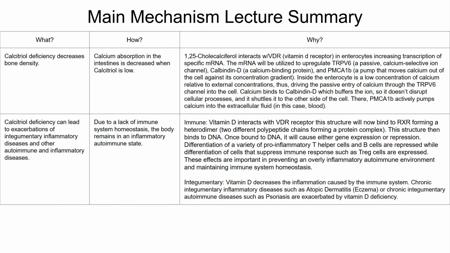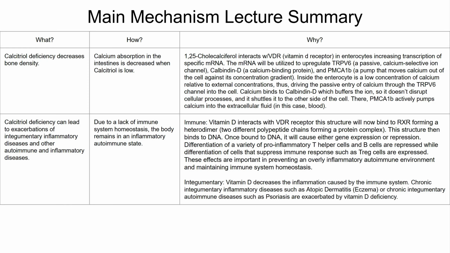The main takeaways as far as the what, how, and why behind the presentation is that calcitriol deficiency can cause decreased bone density due to decreased calcium absorption because vitamin D is responsible for upregulating mRNA for TRPV6, a passive calcium selective ion channel, calbindin D, a calcium binding protein, and PMCA1B, which is a pump that moves calcium out of the cell against its concentration gradient and into the bloodstream.